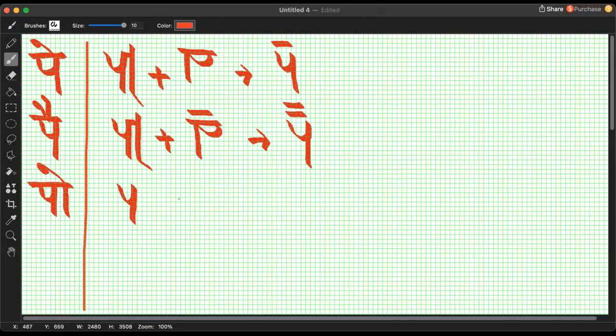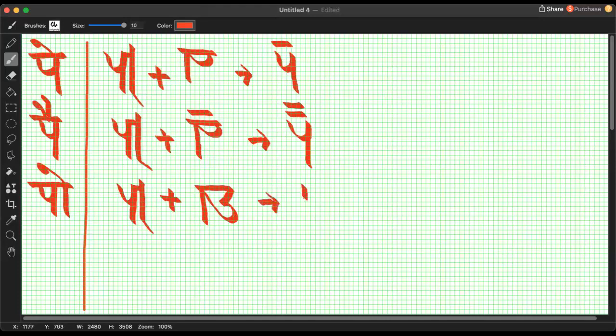To this, you add this, which is O. Po root alphabet plus O will give you po.